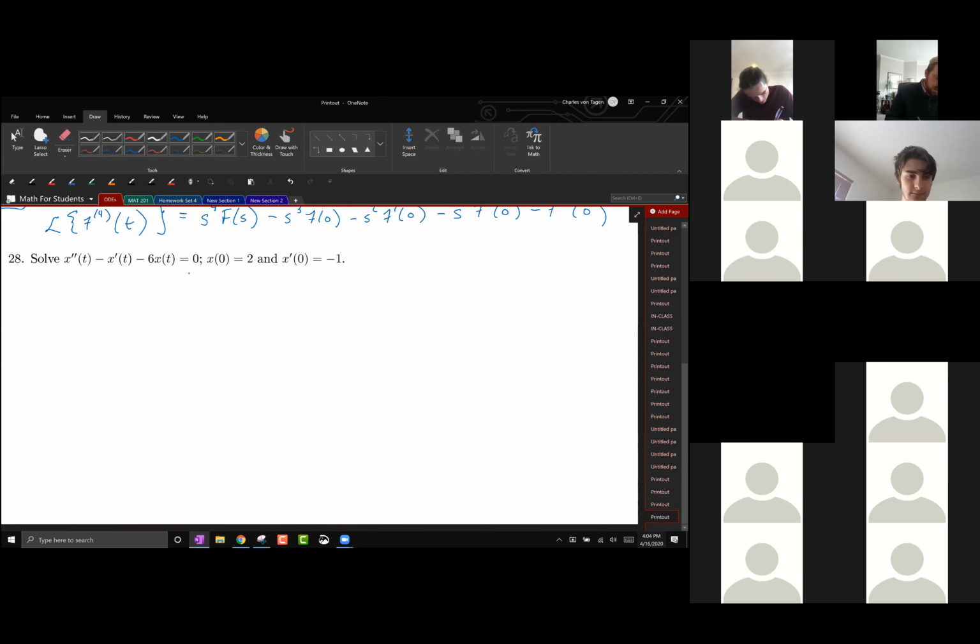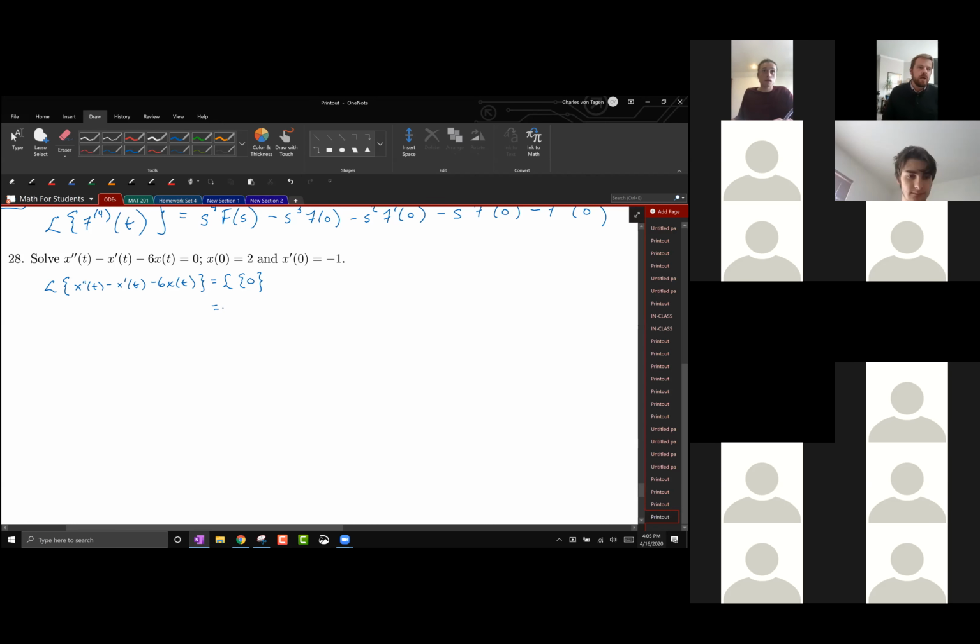So here we go. I'm going to take the Laplace transform of both sides of this equation. You can already see how this immediately carries over to non-homogeneous equations.